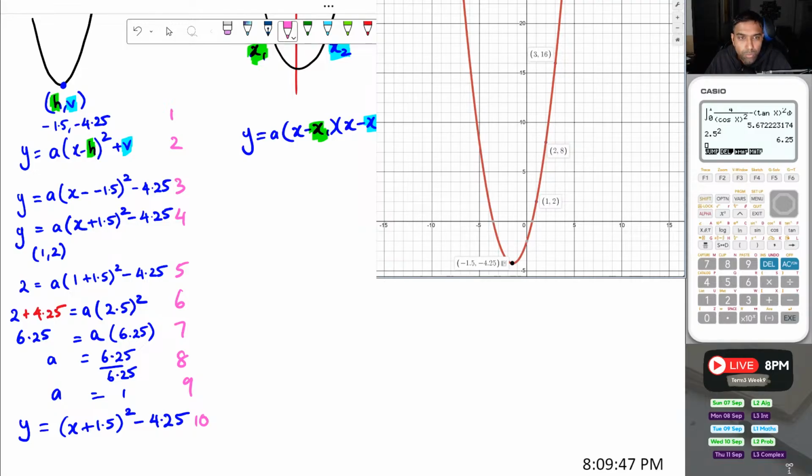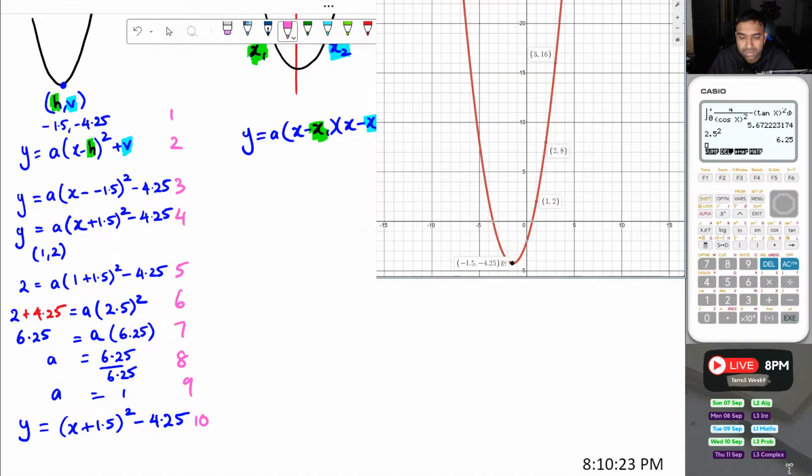How did I get to 4.25? So Talon, I got 4.25 because that was the y value here in the vertex. So that's the turning point right there. Yeah, so that's how I got that 4.25. If they give you the vertex form, then you actually get the h and k. So Holly, all I'm saying is the h and the k is basically the vertex form there.